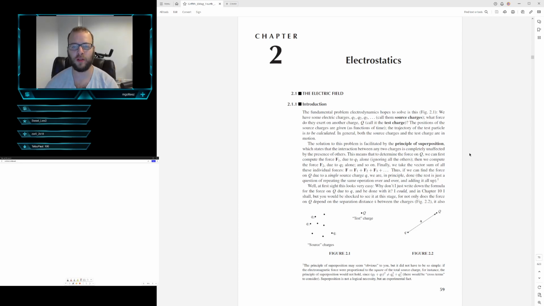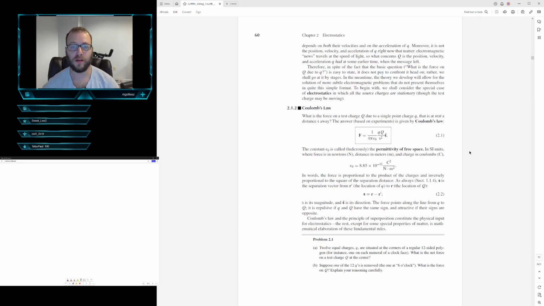So we're summing up all of these forces. This leads us to the definition of Coulomb's law, which is a 1 over r squared law, and it is given by this equation here.